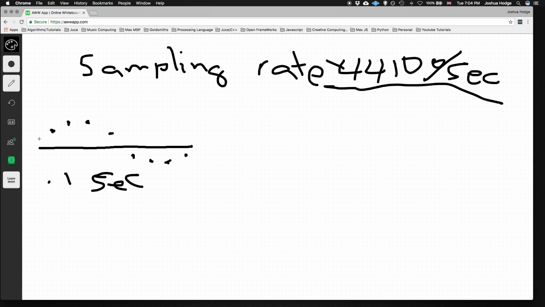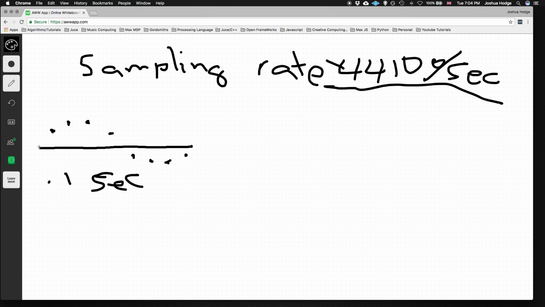So what it's doing is taking a sample of where my voice is. Then it's waiting until the next 44,100th of a second, and then it's taking another sample of where my voice is. And it's doing that 44,100 times a second, and that's how we're getting to the sampling rate.